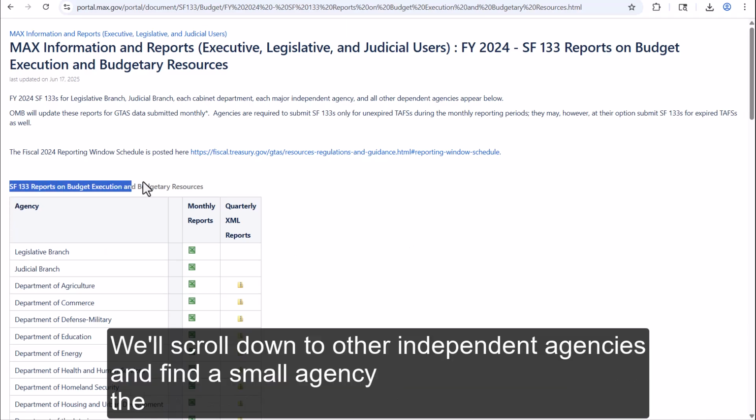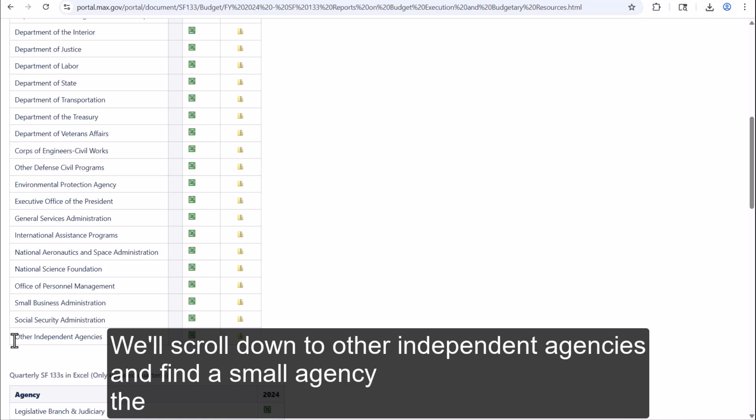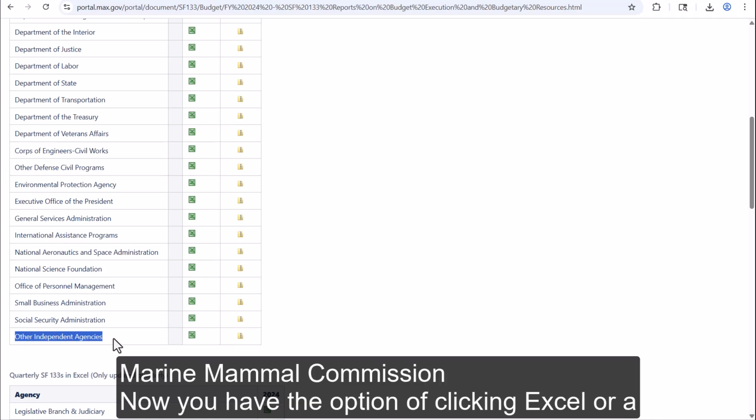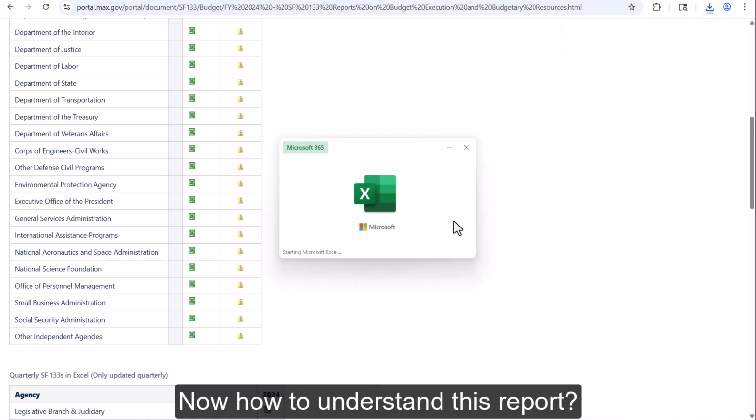We'll scroll down to other independent agencies and find a small agency, the Marine Mammal Commission. Now, you have the option of clicking Excel or a zip file for quarterly XML reports, but I recommend the monthly Excel report. Now, how to understand this report.